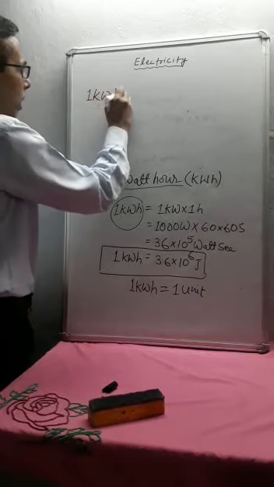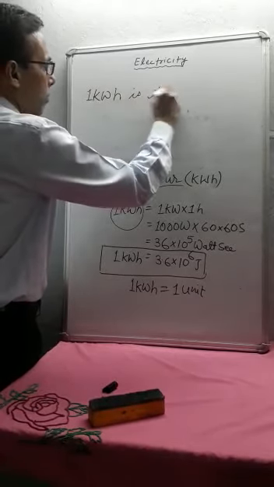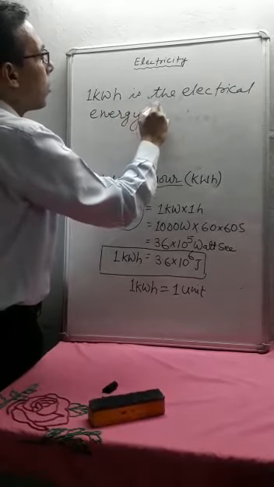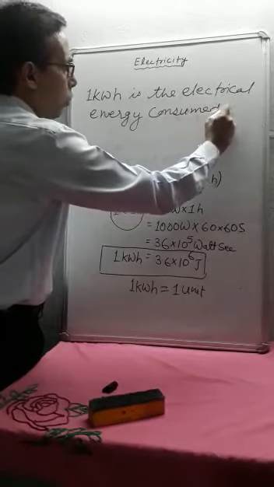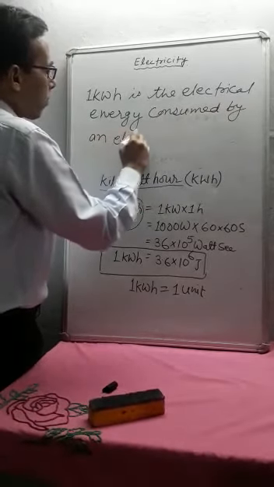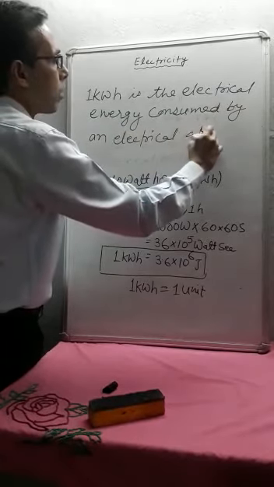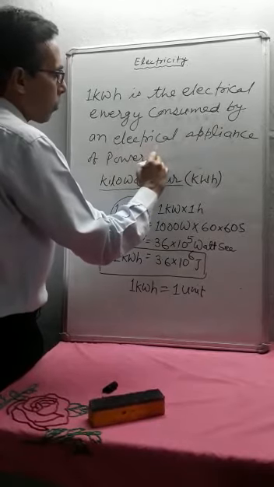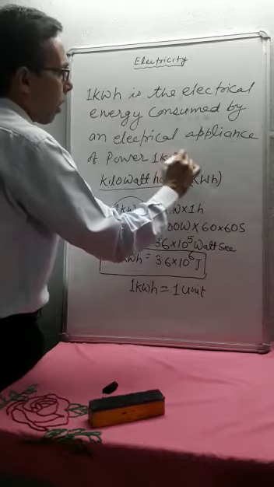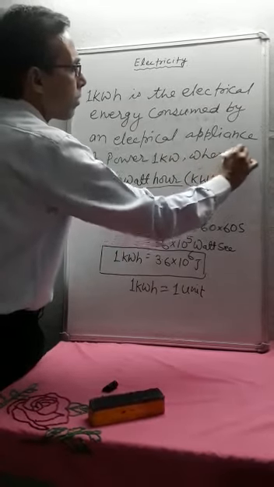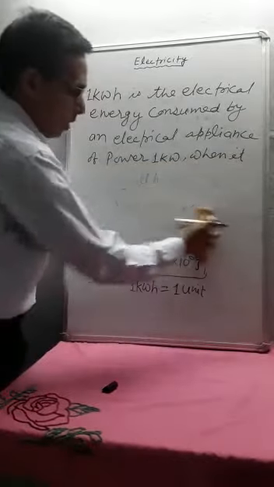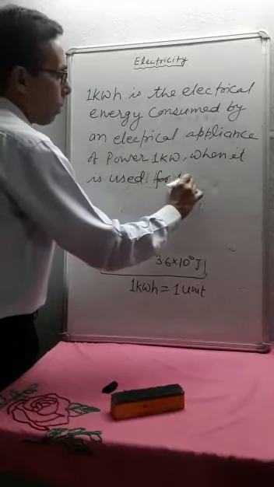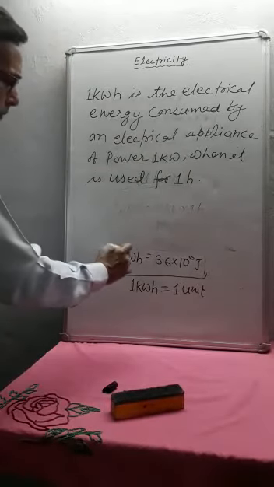One kilowatt hour is the electrical energy consumed by an electrical appliance of power 1 kilowatt when it is used for 1 hour.